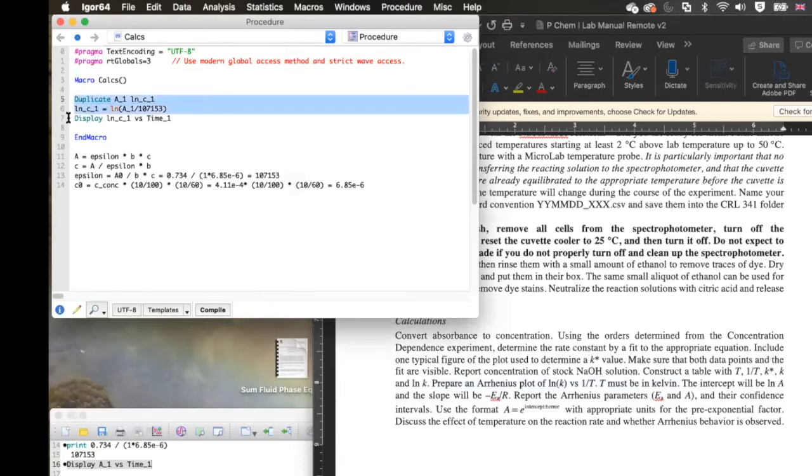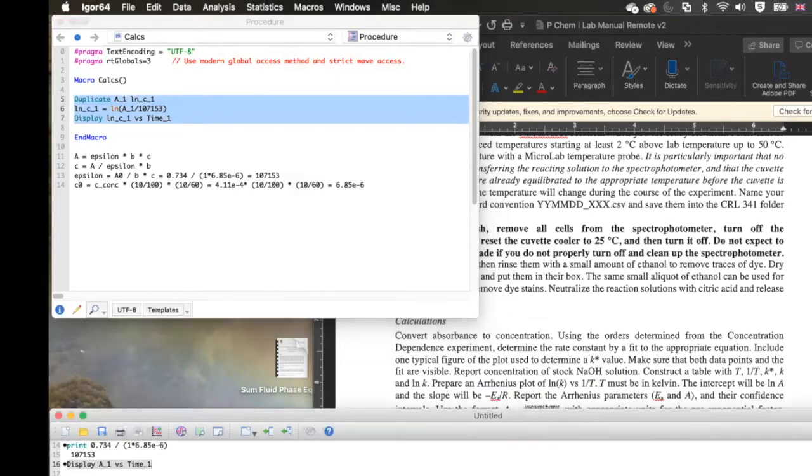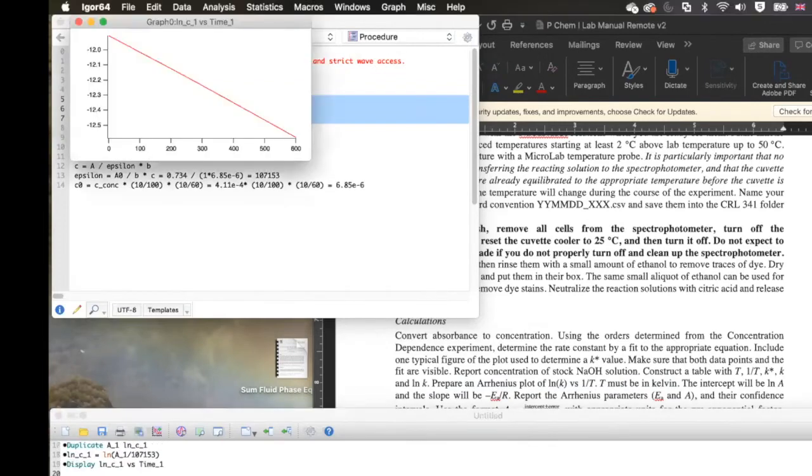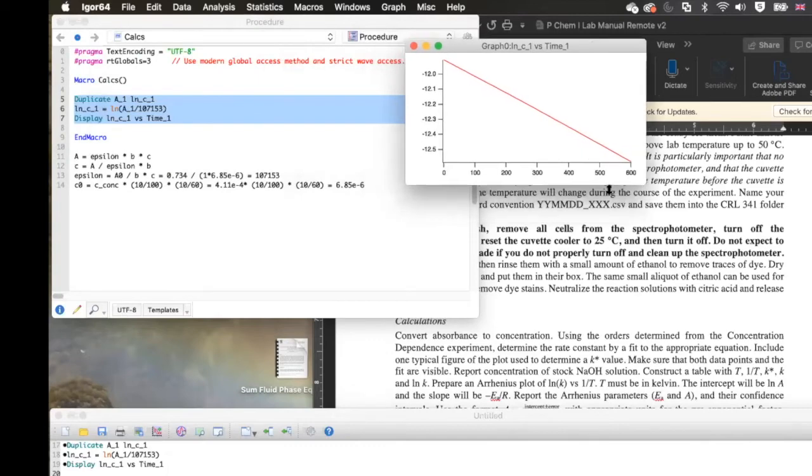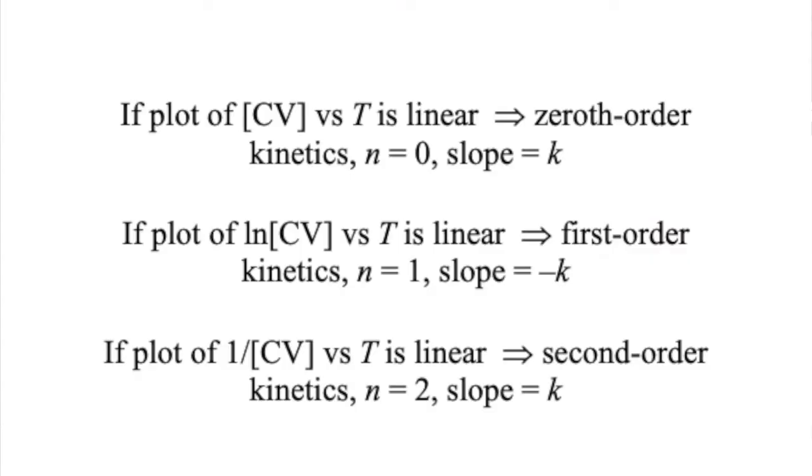In fact, I could just copy these and paste them down here into the command line, and hit enter. And sure enough, it plots those up and it looks linear, right? If I do a fit to this line, it would give me the pseudo rate constant. The negative of the slope would be the pseudo rate constant.